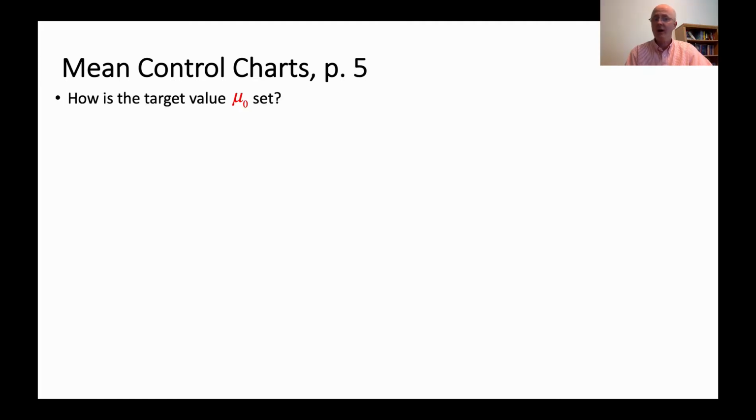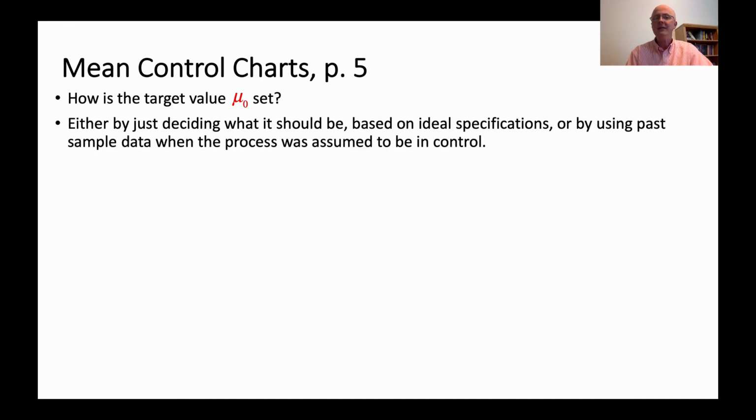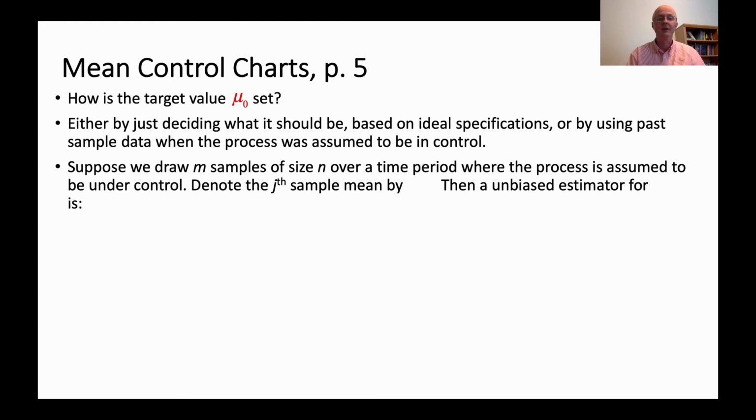But how is the target value, mu0, set, where the center line is? Either by just deciding what it should be, based on ideal specifications for our product, for example, or perhaps more commonly by using past sample data when the process was assumed to be in control. So suppose we draw m samples of size n.